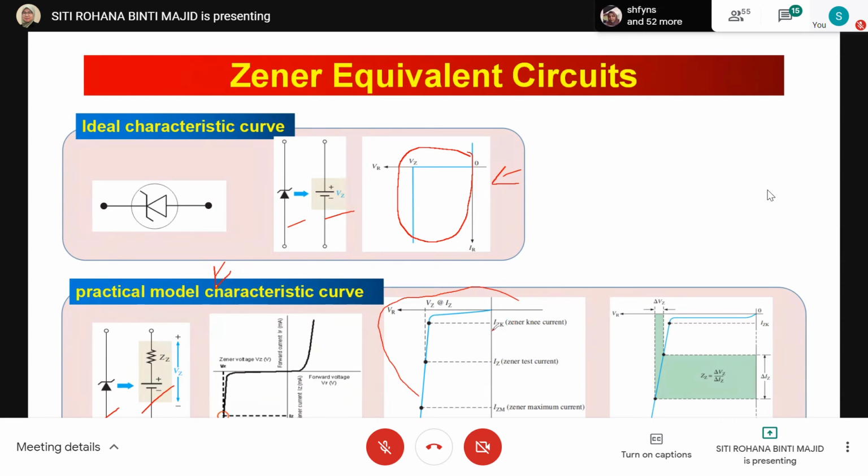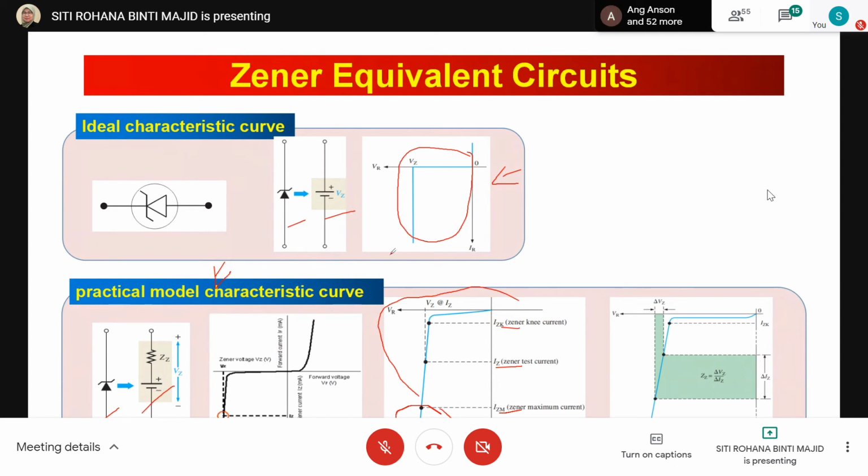They denote this as IZ, which is the Zener knee current. It will function well when it reaches the IZ Zener test current, and it will reach the Zener maximum current, and after that it will be damaged. Okay, clear?